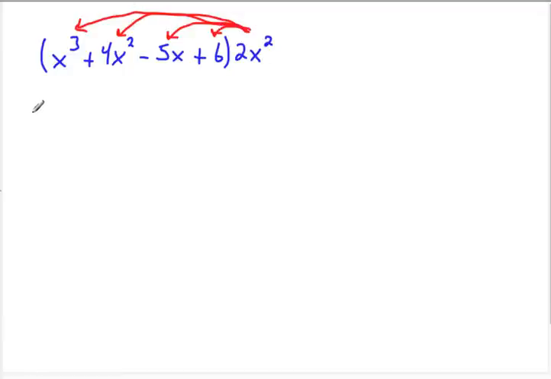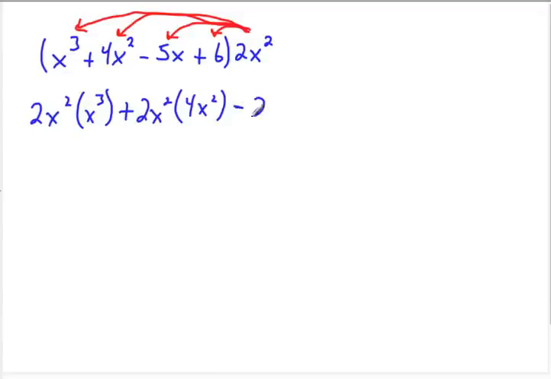So 2x squared times x cubed, and then this is positive and that's positive, so it's going to be positive. Same thing, 2x squared times 4x squared, and then we have a negative times positive, so this is going to be negative or minus 2x squared times 5x. Then we have two positives again, so it's going to be plus 2x squared times 6.